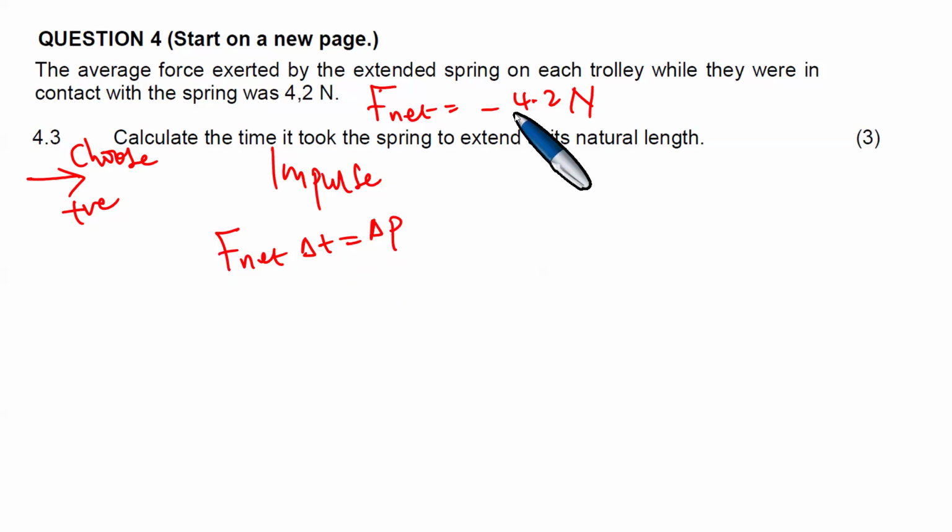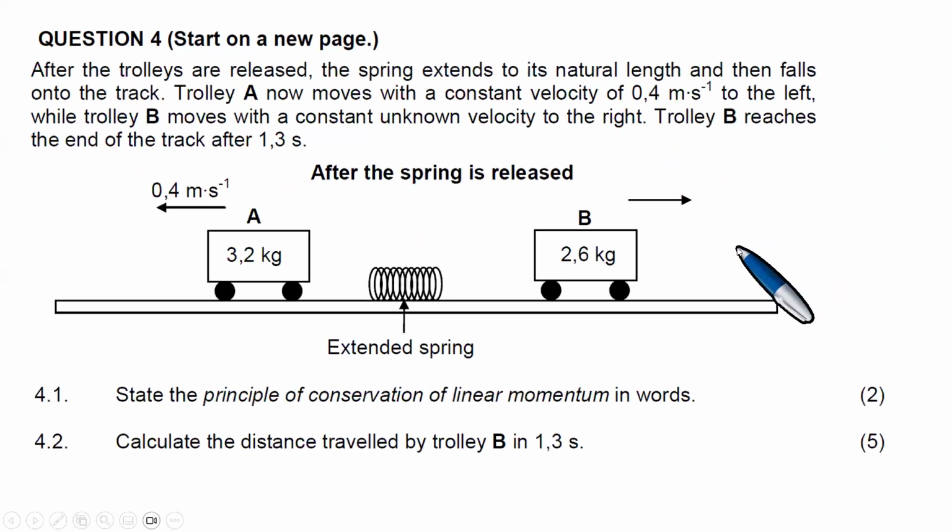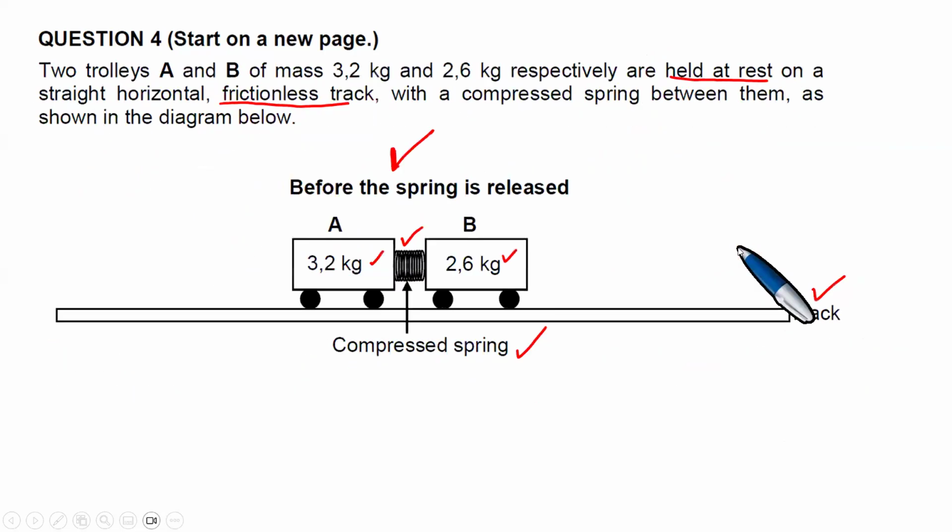Why is it negative? Right, why is it negative? Because we're told that the average force exerted by the extended spring on each trolley while they were in contact with the spring was 4.2 newtons. But you need to remember that if you have the trolley here, this spring is going to exert a force in that direction. And obviously the kind of force we have is sort of the net force.